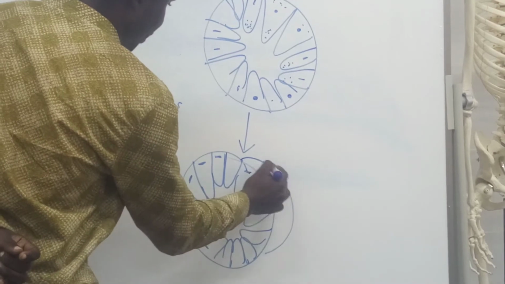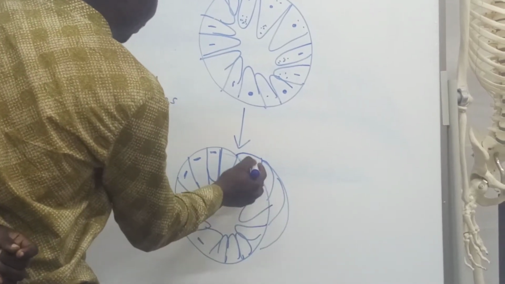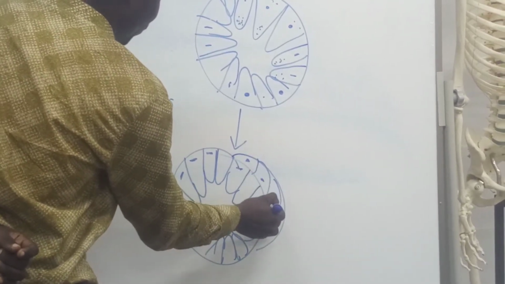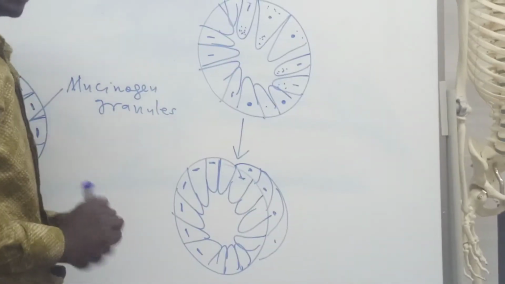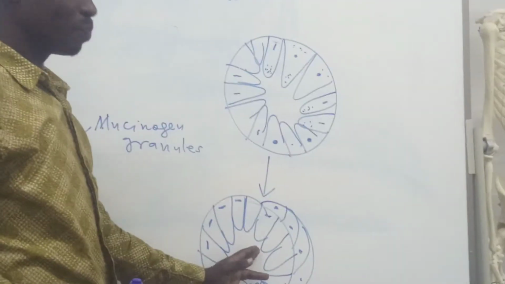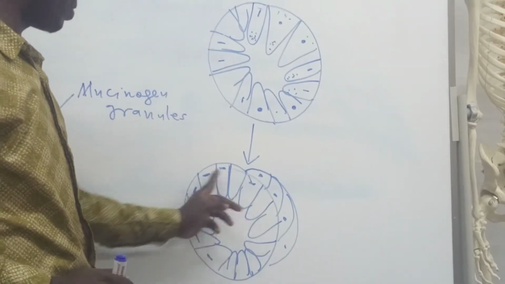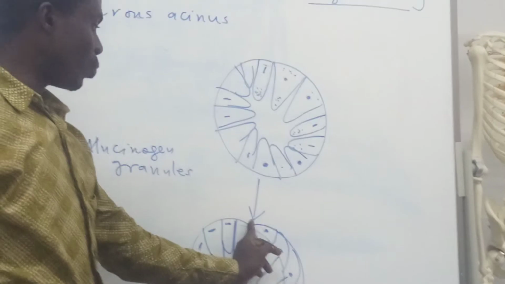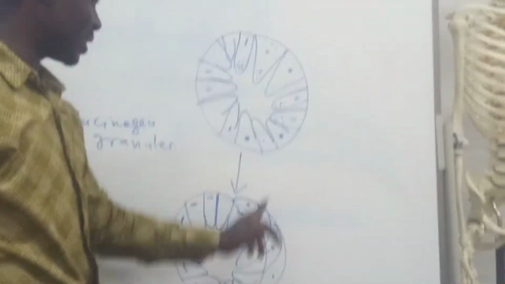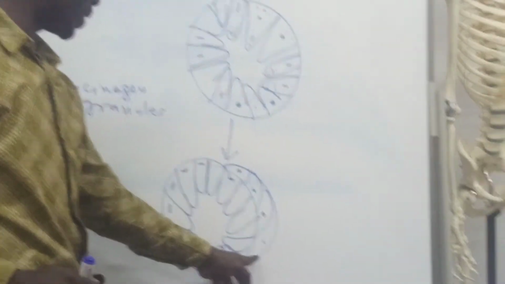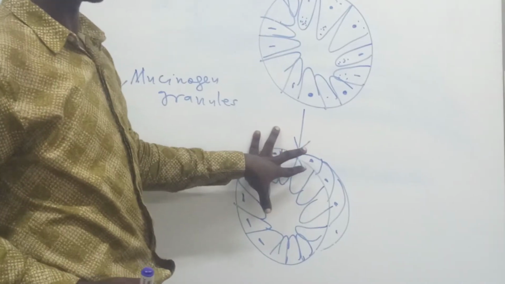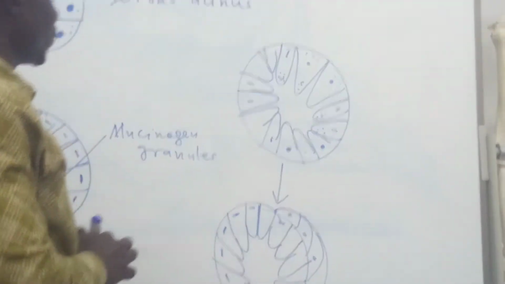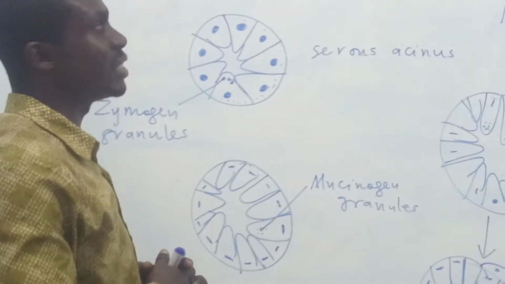This cap of cells is known as a serous demilune. So this cell will stain pale because you have these columnar cells with flattened nuclei, pale stained, but you have a cap of serous cells because it's a mixed secretory cell unit. This is known as a serous demilune. It's a mixed gland. So that is with respect to the secretory units.